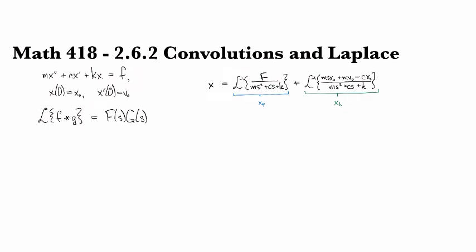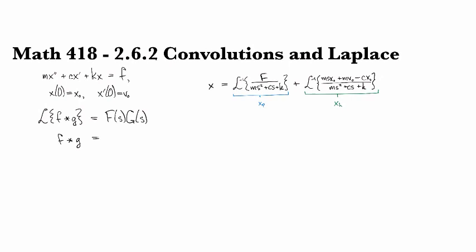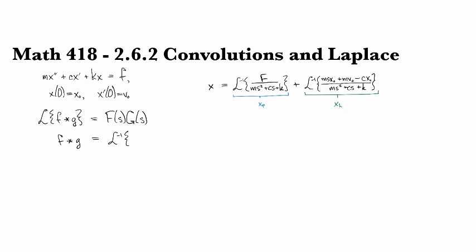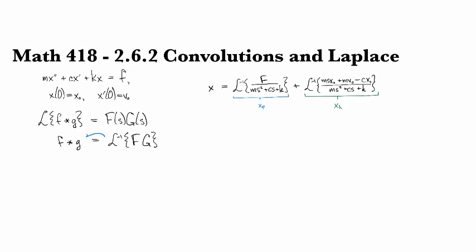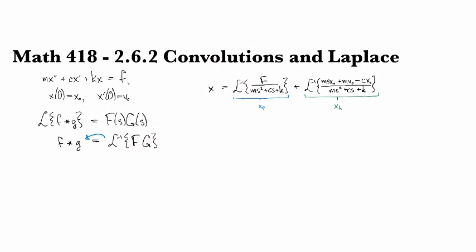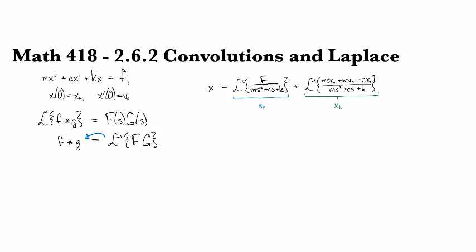And the way that we typically use this is when we're given something that looks like a product and we want to invert it. So we end up with some f times g, and we want to know how do we go about coming back to the land of the t variable. Well, that's exactly what's going on here with xp.